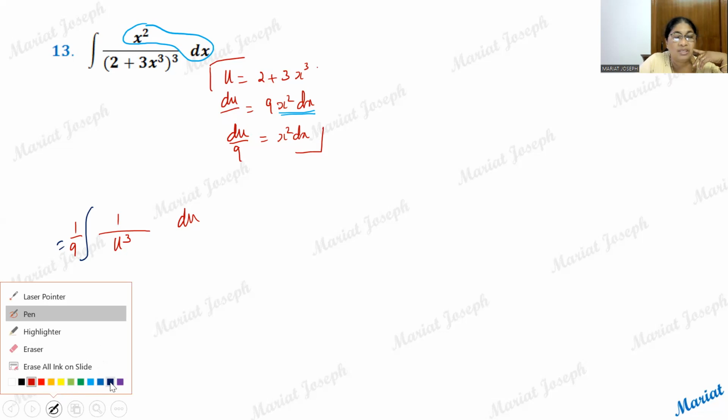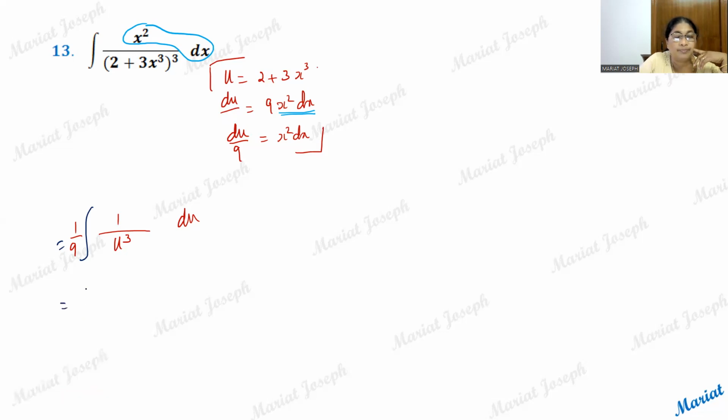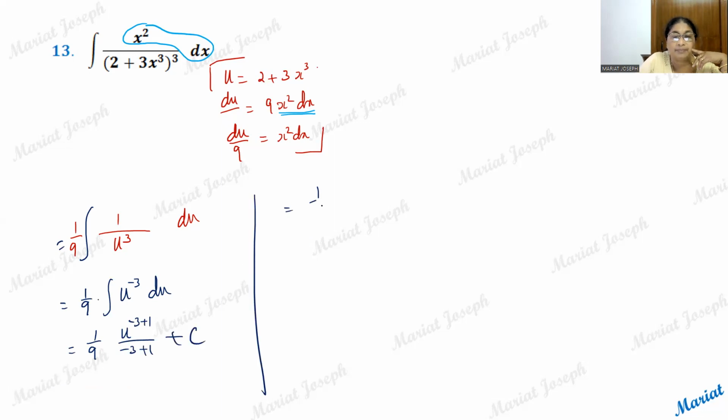Now how are we going to integrate 1 upon u cube? 1 upon 9 into integral u raised to the power minus 3 du. That is 1 by 9 into u raised to the power minus 3 plus 1 upon minus 3 plus 1. What is minus 3 plus 1? Minus 2. U raised to the power minus 2 upon minus 2.